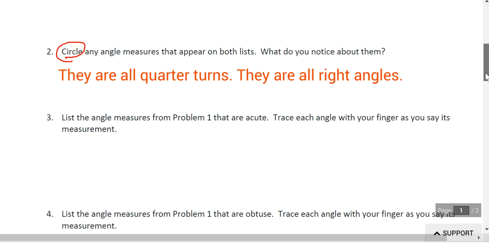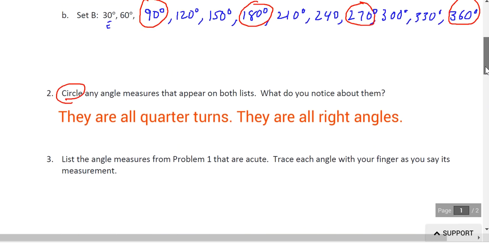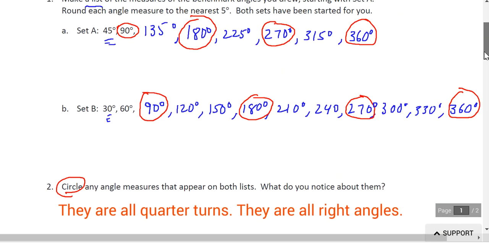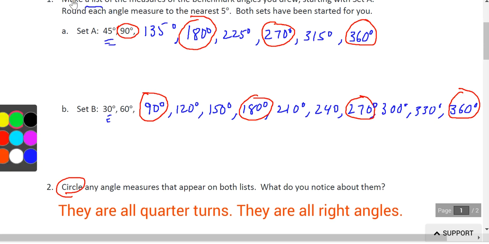That's right, an acute angle is going to be less than 90 degrees. So let's look up here. Less than 90 degrees, I only see which ones here that are less than 90. Well, this one here is going to be less than 90 degrees.